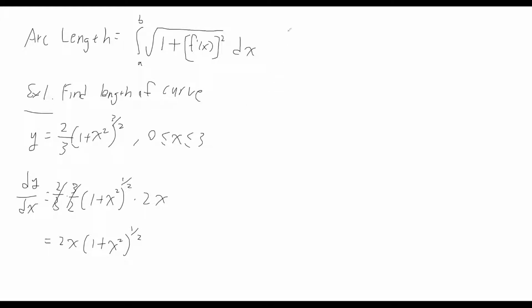So capital L for arc length is equal to the integral from 0 to 3. Right, we're looking at the arc length from x between 0 and 3. Square root of 1 plus 2x times 1 plus x squared to the power of 1/2, this whole thing squared. Okay, and let's see what we have.